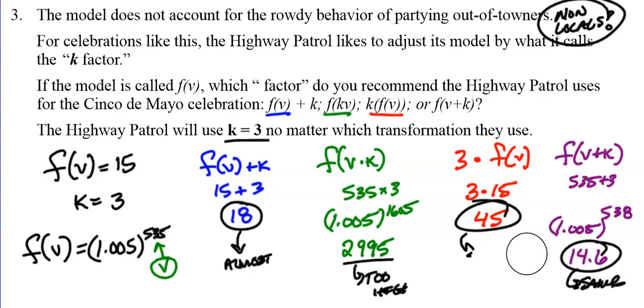This one makes more sense, so we're going to use 3 times f of v, because the other is an insane number of people for the number of cars. So that's what we'll use. No, no, and no.